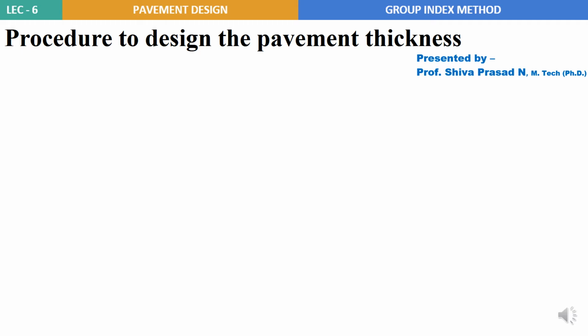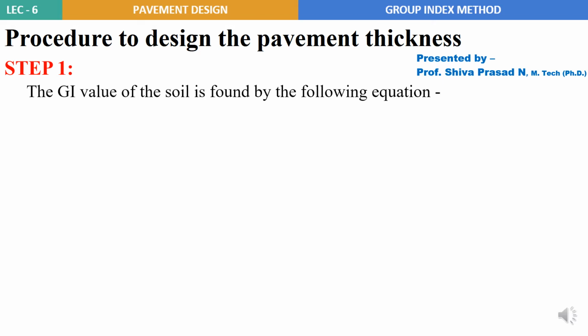Let's look into the design procedure to be followed to arrive at the thickness of the pavement. To begin with, in the first step, we calculate the value of the group index by knowing the physical properties of subgrade soil, for which we make use of this equation, that is GI equal to 0.2a plus 0.005ac plus 0.01bd.